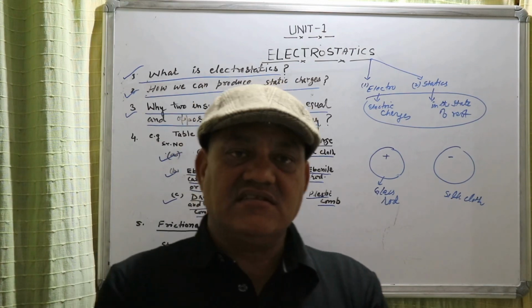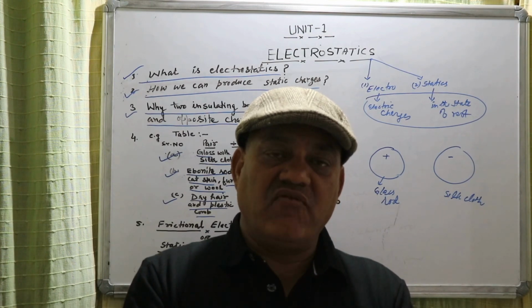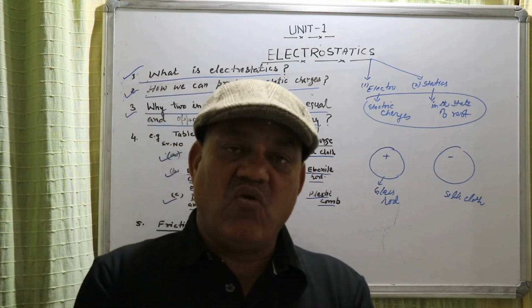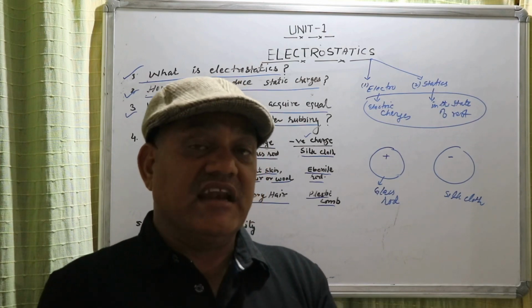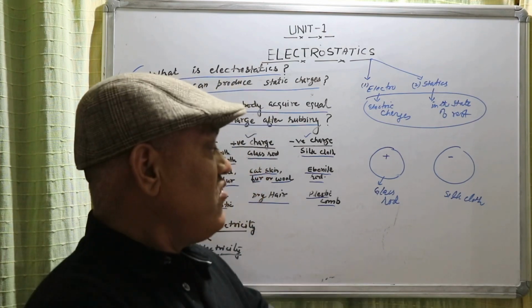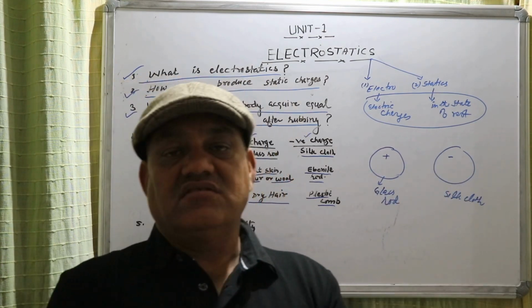Due to this reason, the glass rod after rubbing always acquires positive charge and the silk cloth acquires the equal amount of negative charge by the net transfer of the electrons from glass rod to the silk cloth.